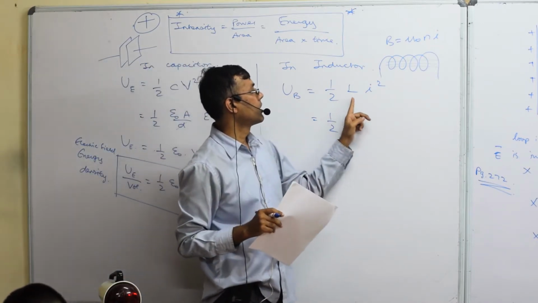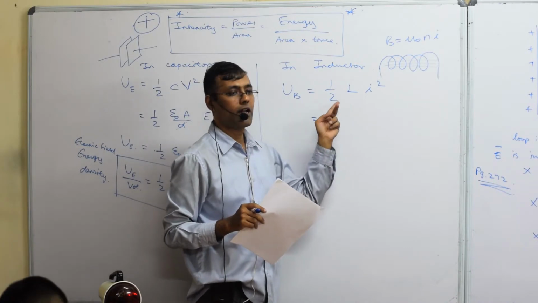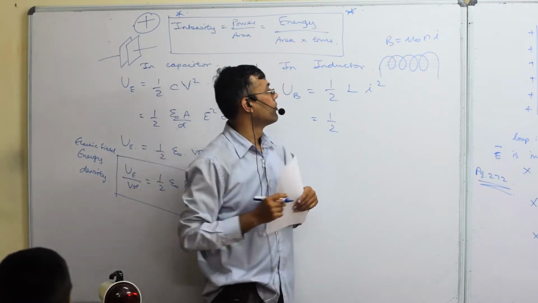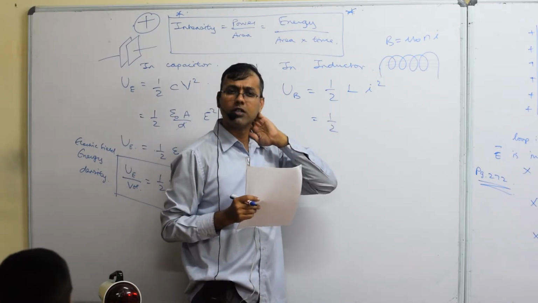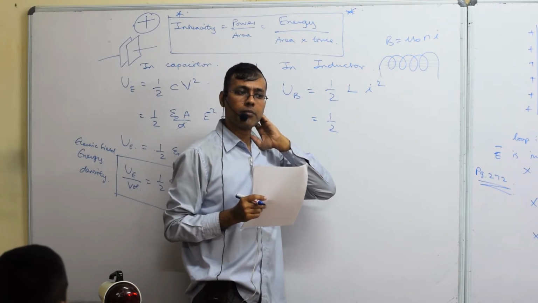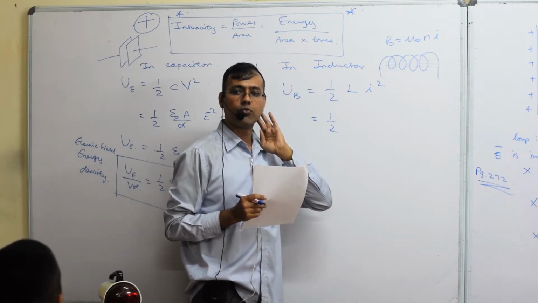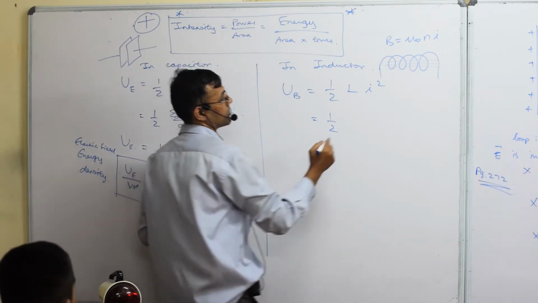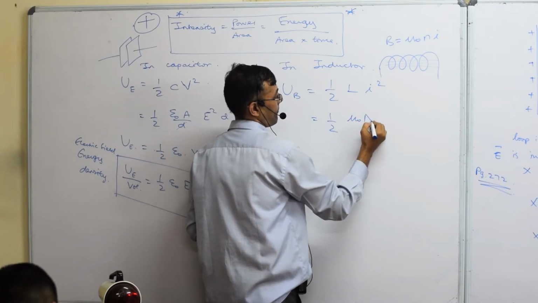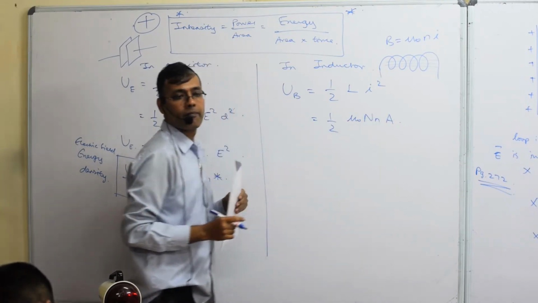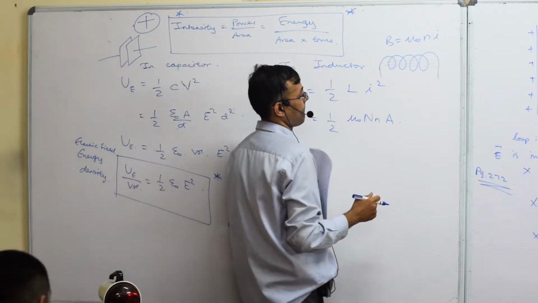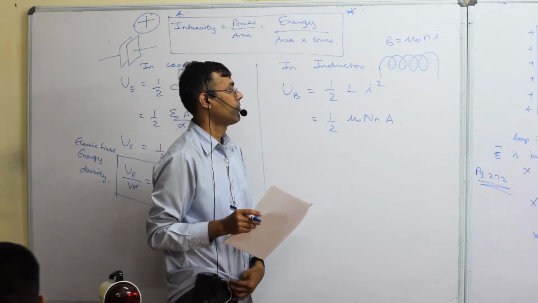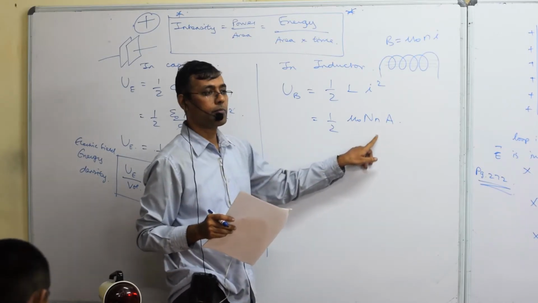Somewhere in your EMI chapter, we derived the expression for L. Just like C is epsilon naught A by D, for L we derived something like mu naught small n into capital N into A. This can also be written as capital N by l.